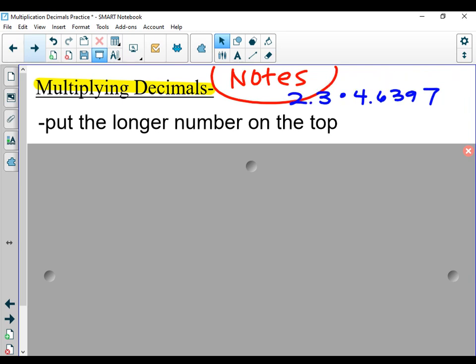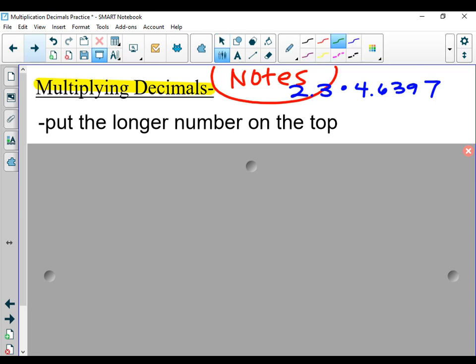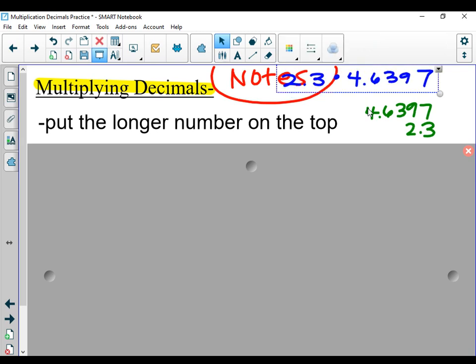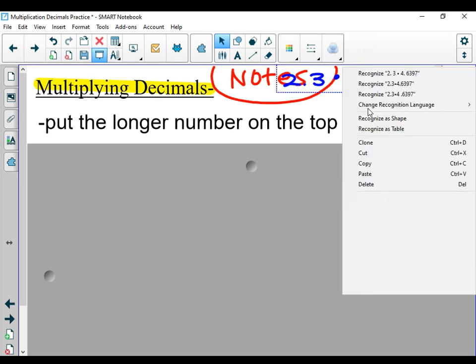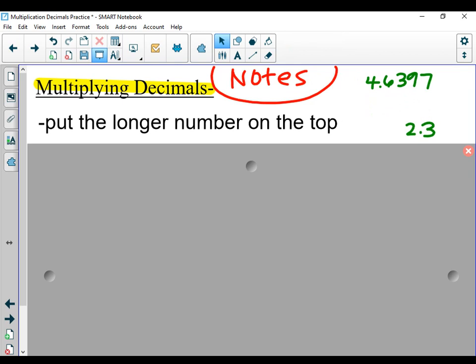So if I look at this blue problem right here, 4.6397 has 5 digits. I'm going to put that one on top. And then I'm going to put 2.3, which only has 2 digits, down below.